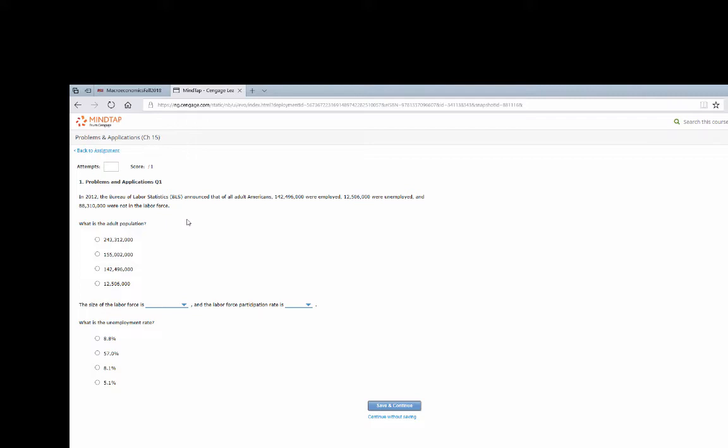And then to get the unemployment rate, that's just a percentage of the labor force that is unemployed or is not working. So again, those are the people that are willing and able to work but don't have a job, and they've actively been seeking work. So to get unemployment rate, you take the number of unemployed, you divide that by your labor force, and you'll multiply that by 100.